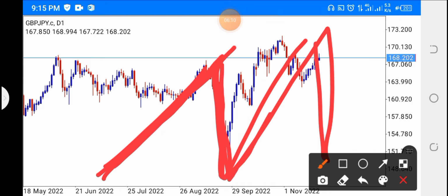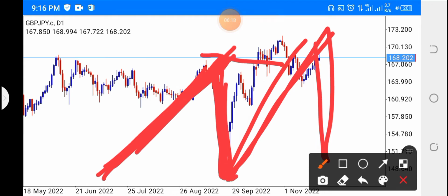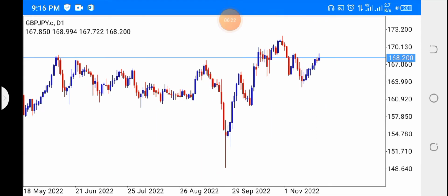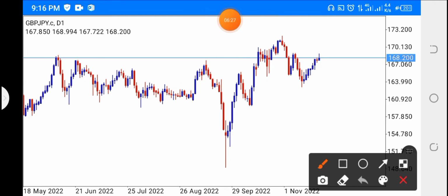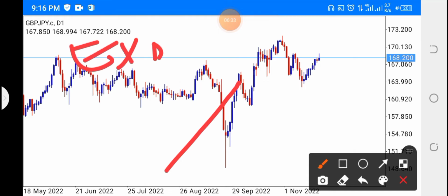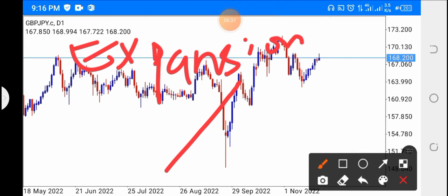And then the next impulse must break above this first impulse. That is what a structure is. Let me explain again. Now we have an expansion or an impulse, it is called an expansion or impulse.